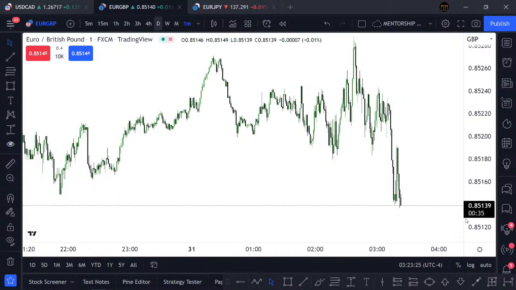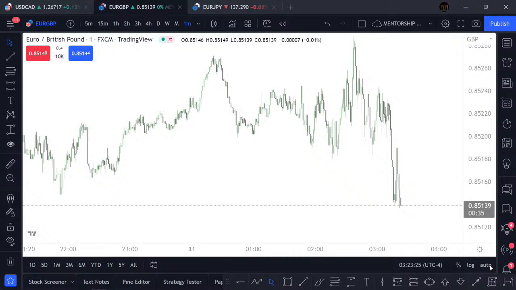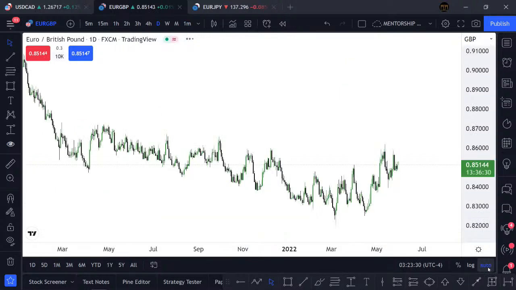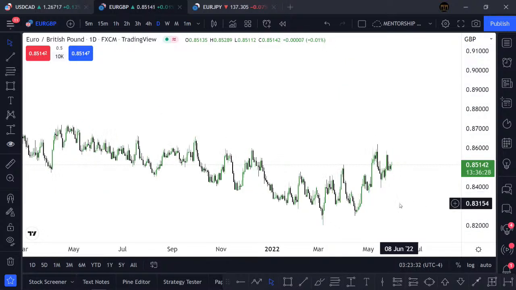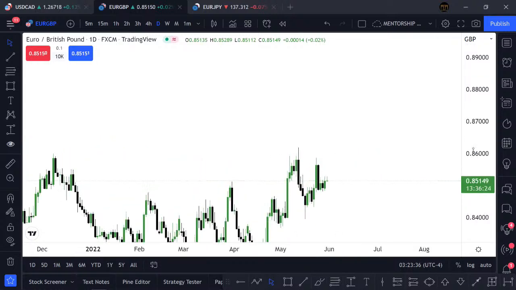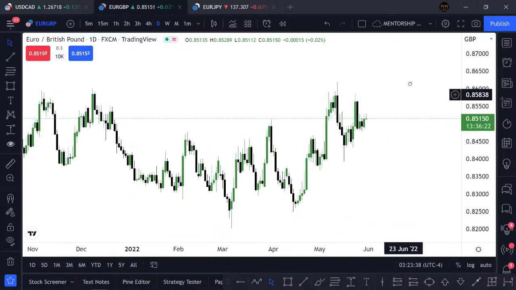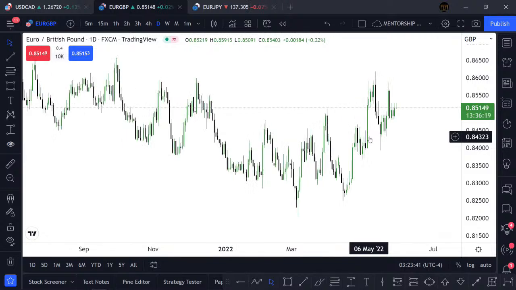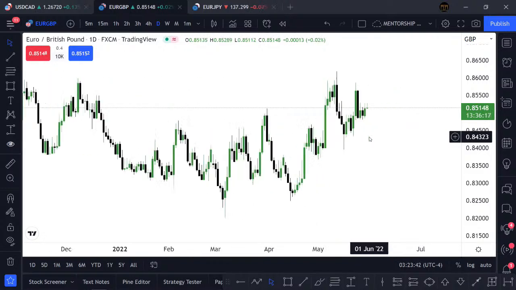So let's look on the daily first. Let's look on the daily chart. So on the daily chart, on the Euro pound, what do we have? I'll be looking for opportunities to go long this pair. And this is a 50 level.